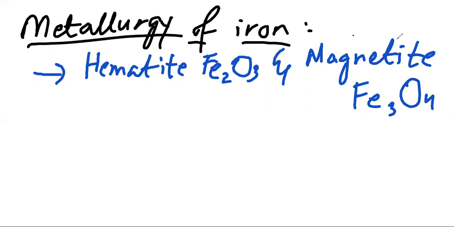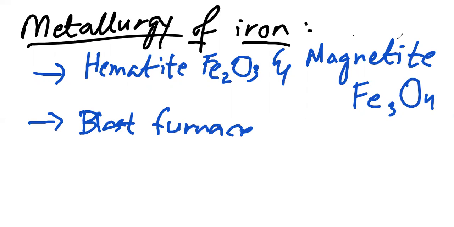These two are the most important ores of iron. Ores are strongly heated with coke in the blast furnace, where carbon is converted into carbon oxide. Due to the exothermic reaction, enough heat is available to melt the iron, which is tapped out at the bottom of the furnace.